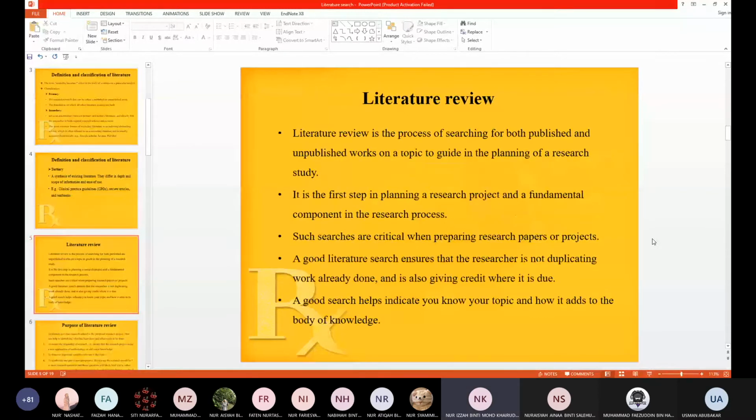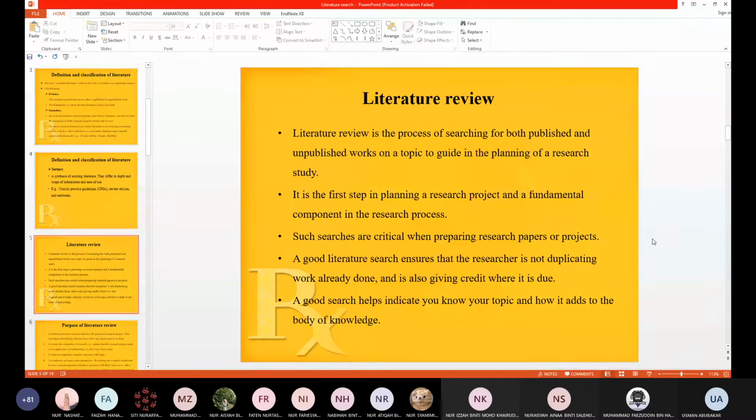So now let's talk about literature review. Literature review, like I said at the beginning of the lecture, is a process where you search for existing literature that has been published on a particular topic, which you use in planning your own research.